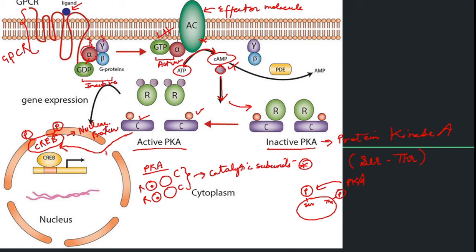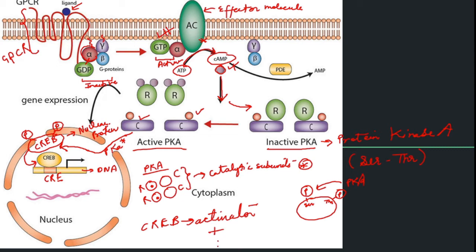So active PKA phosphorylates this CREB, and then this CREB will bind to the promoter of the cyclic AMP response element. This is a gene segment, this is your DNA, and CREB works as an activator.